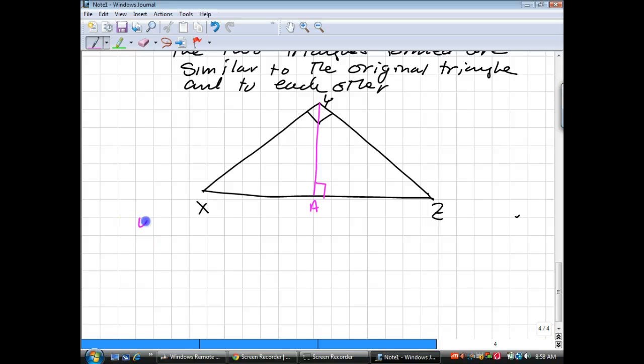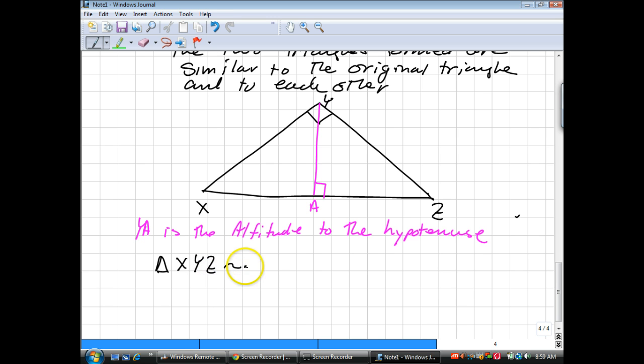So YA is the altitude to the hypotenuse. Okay, so that's the key. And so according to this theorem, triangle XYZ is going to be similar to triangle XAY.